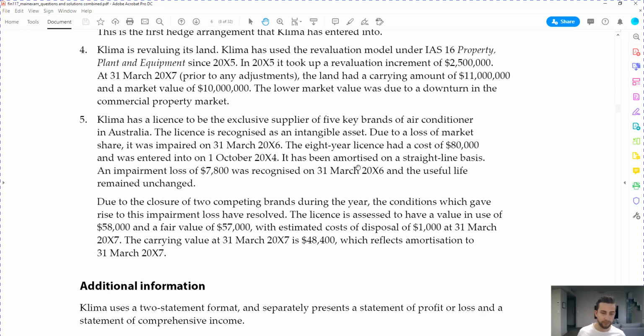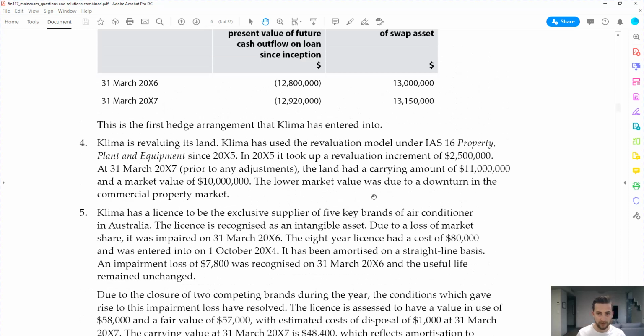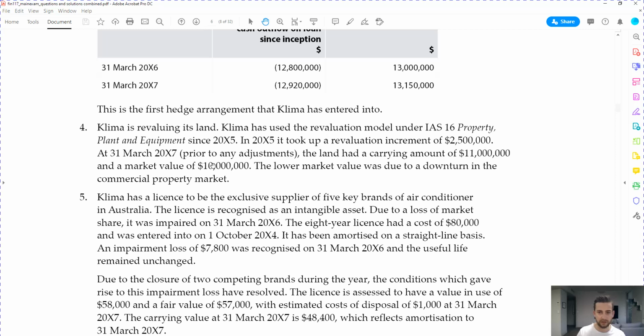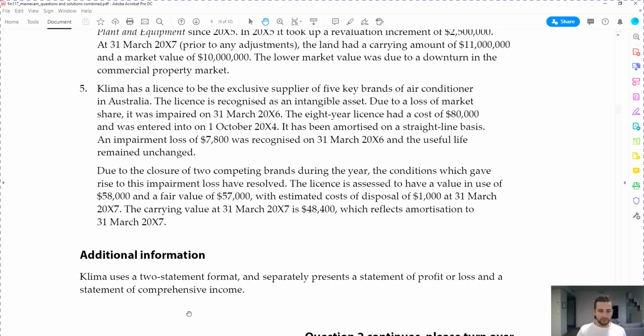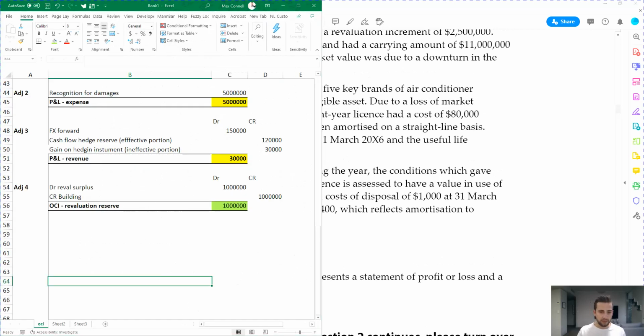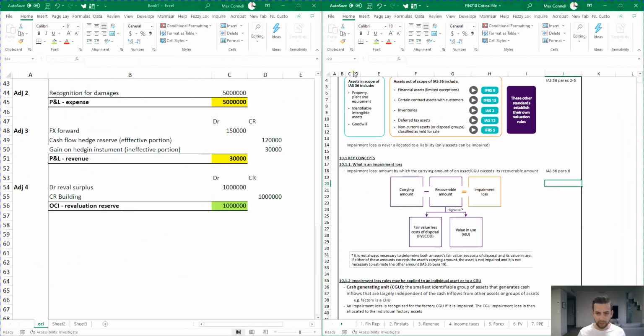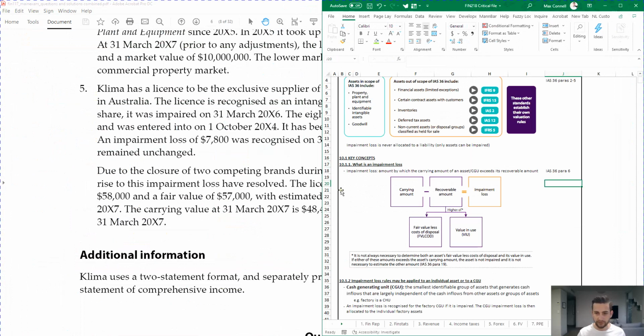But there are certain rules depending on the situation, just like we talked about for the last one about carrying amounts. It really depends on the situation. How much was impaired last year? Can we impair that? Can we reverse that? And so forth. So the general approach for impairment is this.